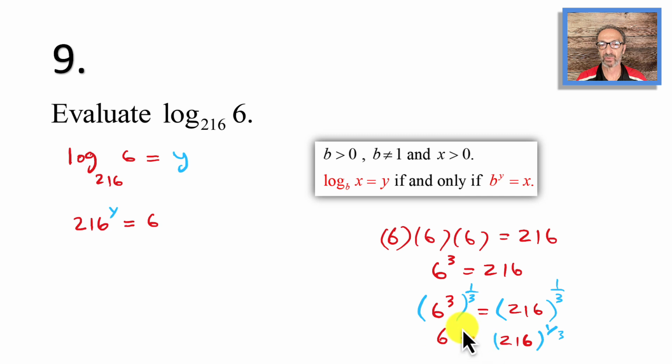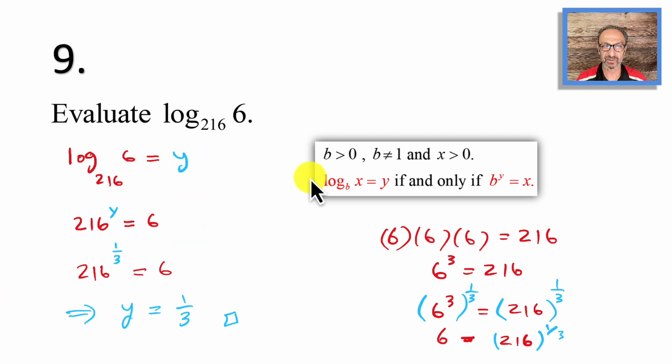So 6 to the power 1 equals the cubic root of 216, or 216 to the power 1/3. So 6 is actually 216 to the power 1/3. That shows that y equals 1/3. And that should do it.